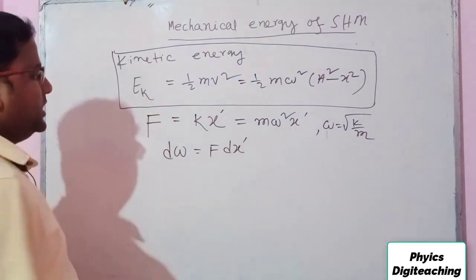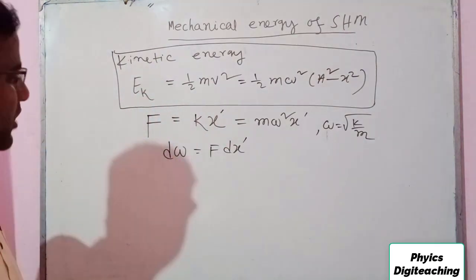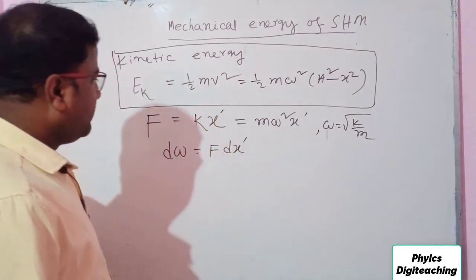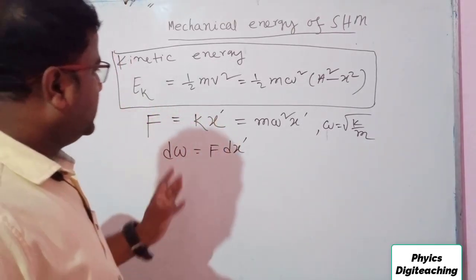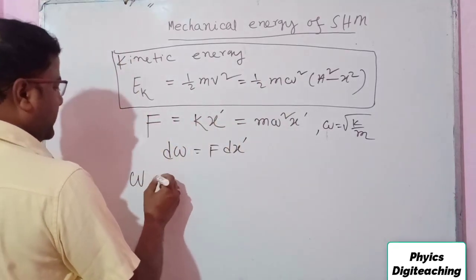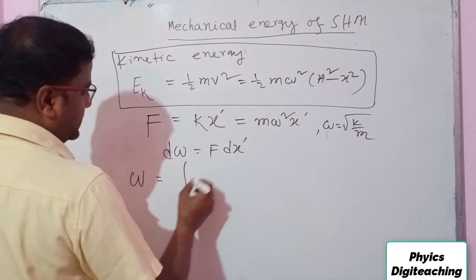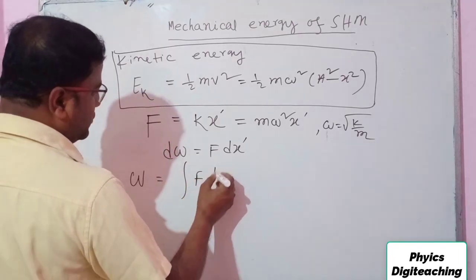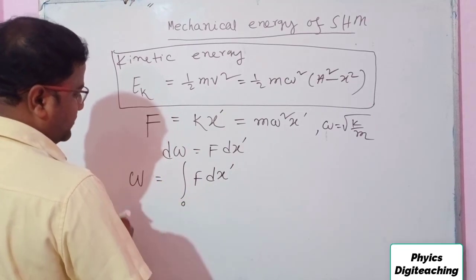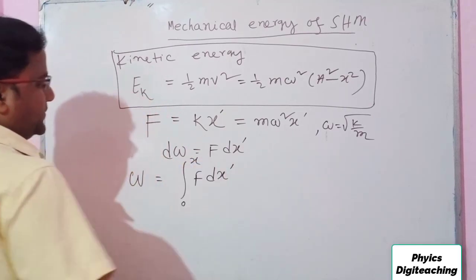Therefore F into dx dash is the work done. If we displace the particle from equilibrium to a displacement x, then we get the total work done by this force, and this is W equal to integral of F dx dash, and the limit runs from 0 to x.